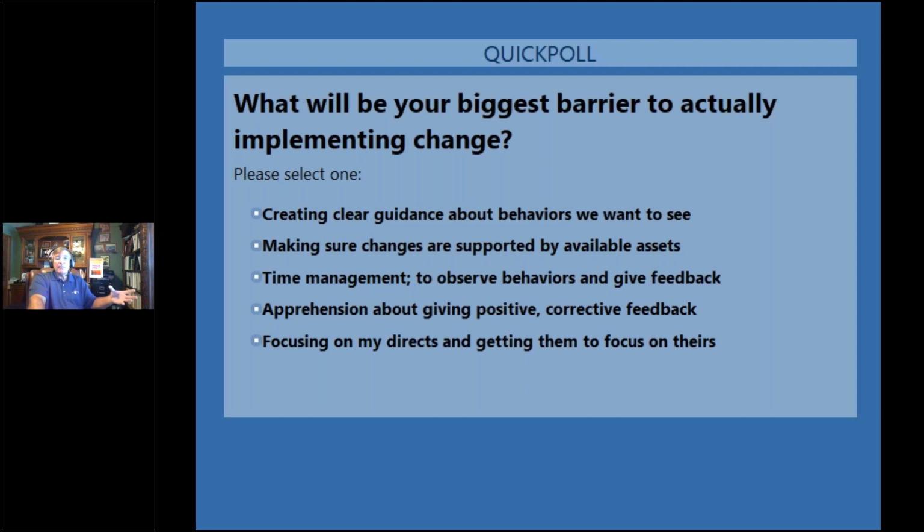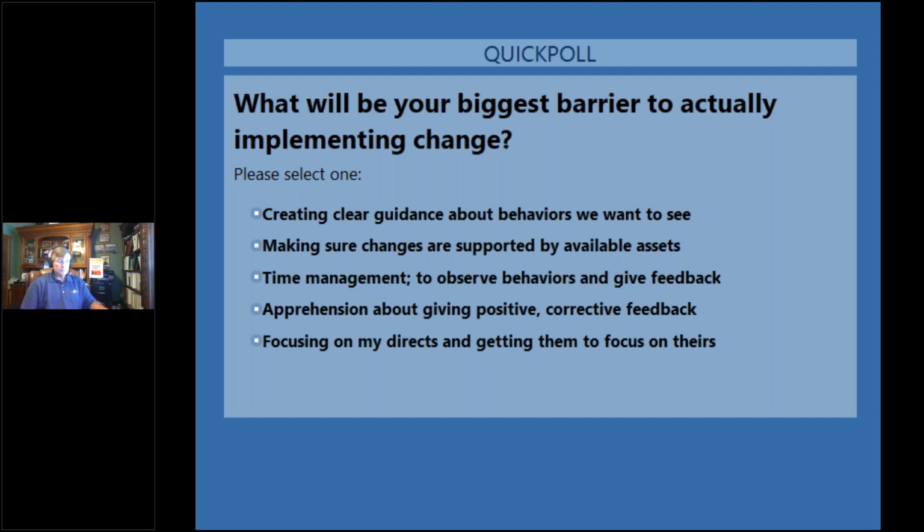Would it be time management, having the time to observe the behaviors and to give feedback? Would it be apprehension about giving positive or corrective feedback? And would it be focusing on your direct reports and getting them to focus on their direct reports? So take a minute and answer that if you would.